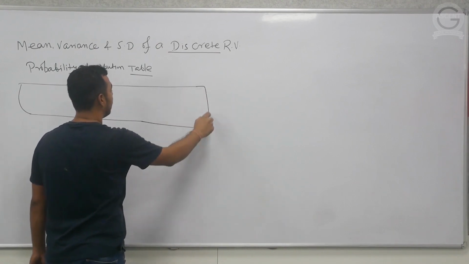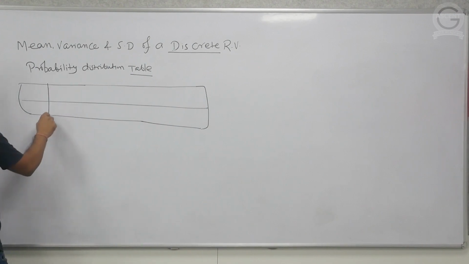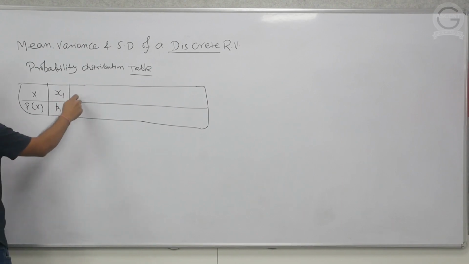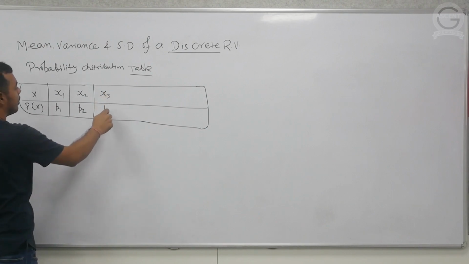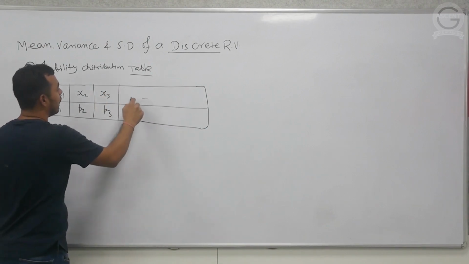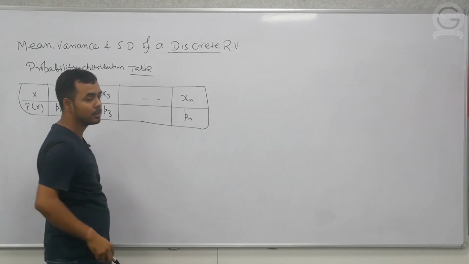On the first row we write the different values of x, and in the second row the corresponding probability. So suppose the values of x are x1 with probability p1, x2 with probability p2, x3 with probability p3, and so on, and the last value of x is xn and the corresponding probability is pn.